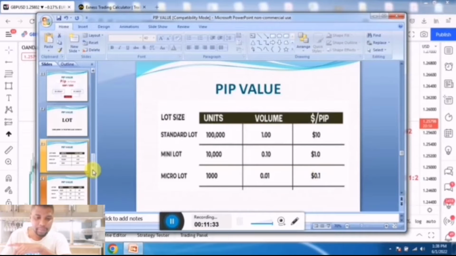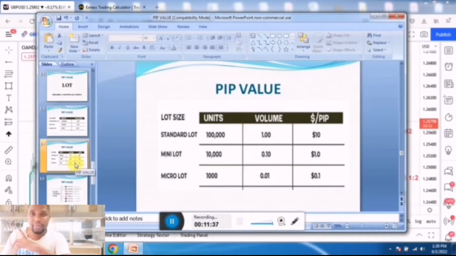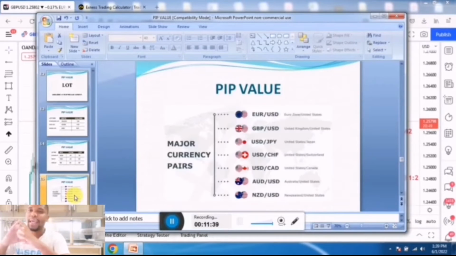Okay, let us move deeper now. What I just mentioned, that if you open one lot of the base currency, applies mostly when the quote currency is the US dollar.